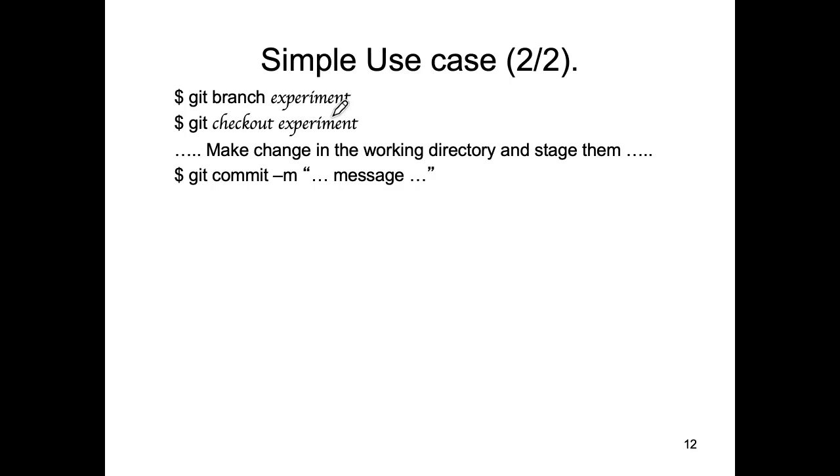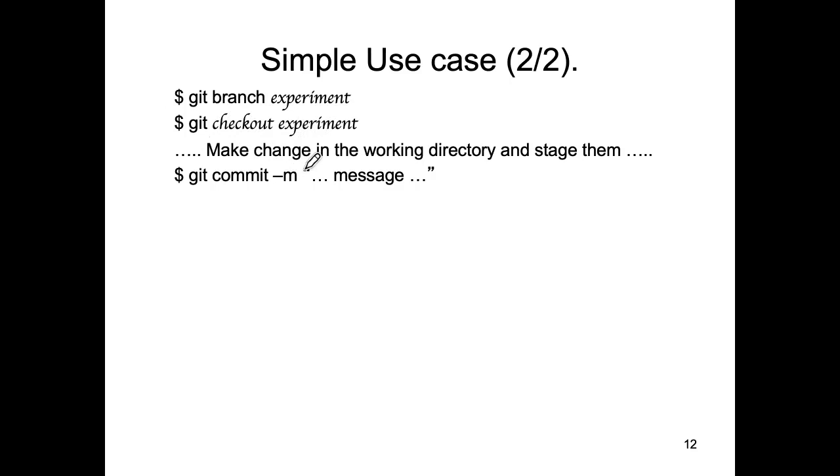And git equally switches its focus. So I've done this. I then make some changes in my working directory, do some ordinary edits and updates. In other words, I do my exploratory work that I want to carry out, and I do some staging and committing. I do a commit of that work, that's fine.